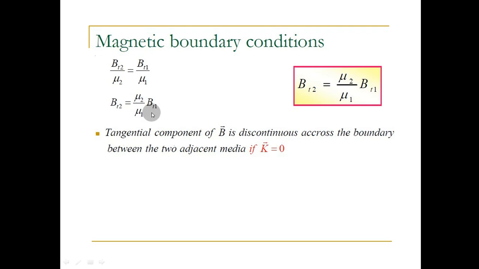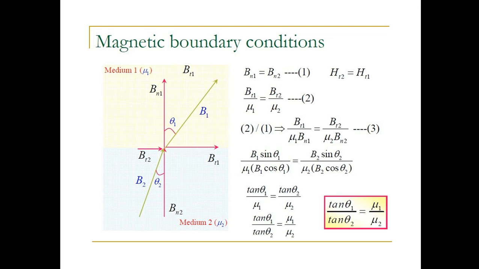Whatever we consider along the magnetic field strength, the tangential component, will also be true for magnetic flux density, and vice versa. This is also applicable for electrostatic conditions.